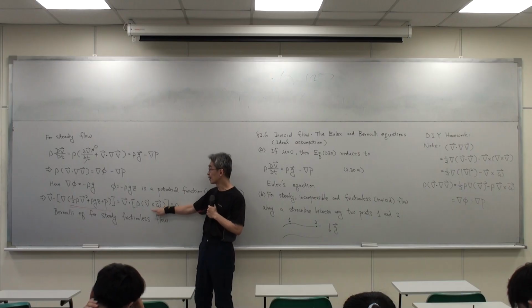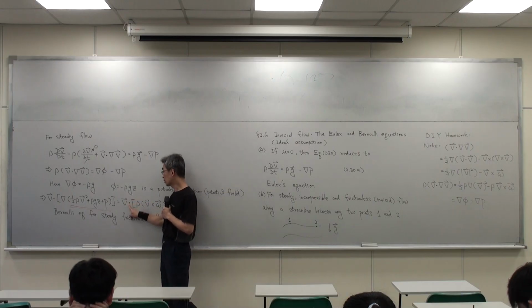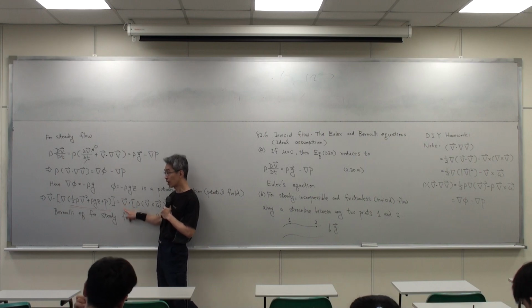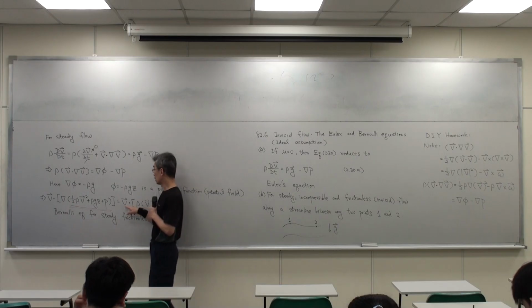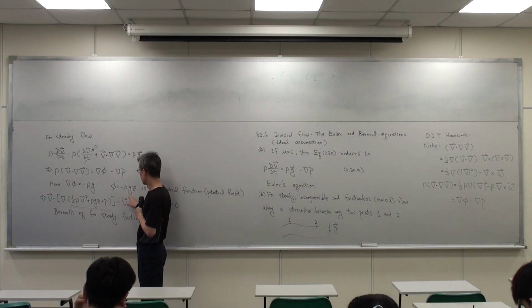So if you dot it with velocity or dot it with the vorticity, either way it becomes 0. Right now we dot with the velocity.